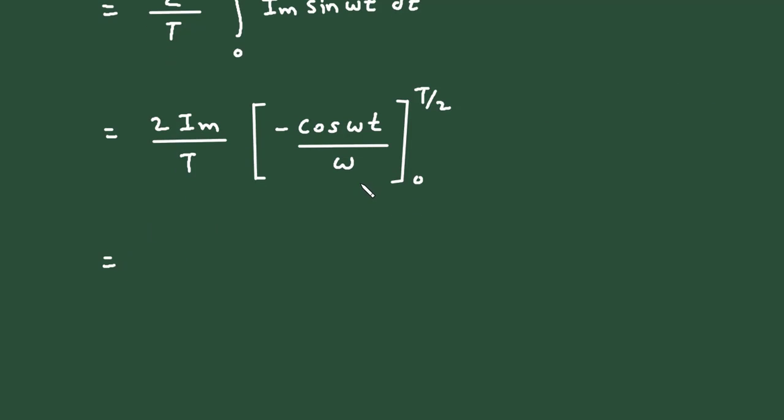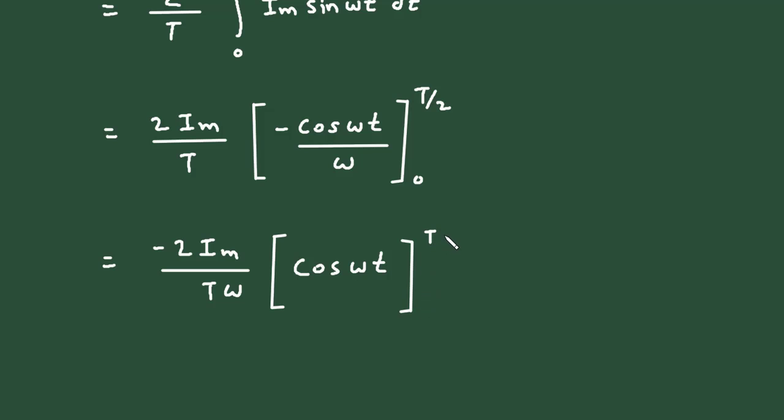Now we can take this minus and omega outside, so minus 2 Im divided by T into omega, and then we apply the upper limit and lower limit. So cos omega t, with upper limit T by 2 and lower limit 0.